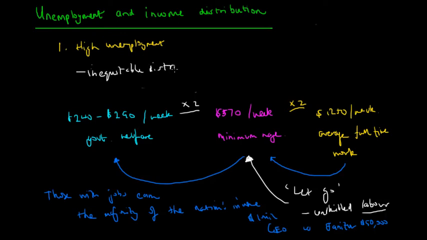This is because those in low skilled labor will find their jobs insecure. So those on the minimum wage or thereabouts will tend to move towards government welfare as their jobs become less secure.